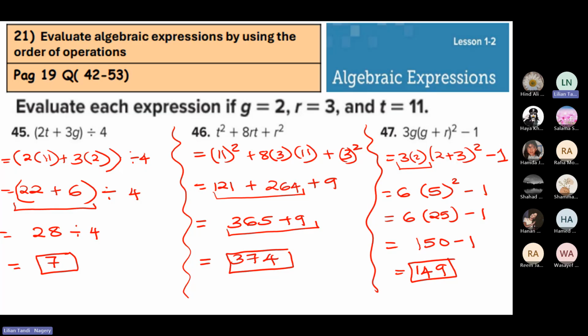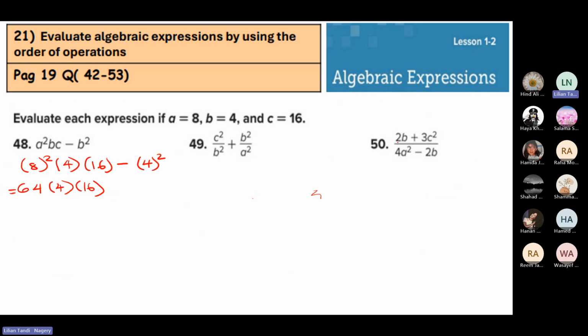264. And then what's 121 plus 264? 385. 385. Very good. And what's 385 plus 9? 394. 394. Thank you for correcting. Very good. All right. Let's move on. So this will be minus 16.